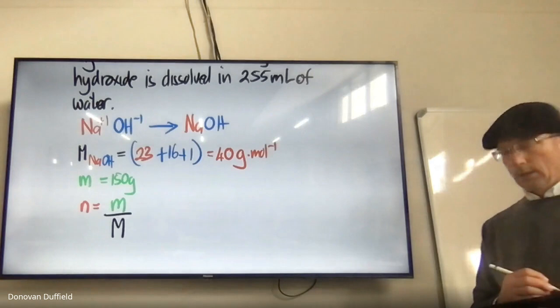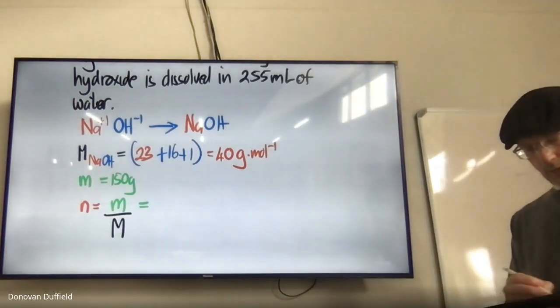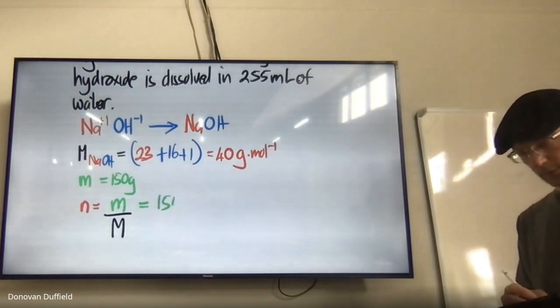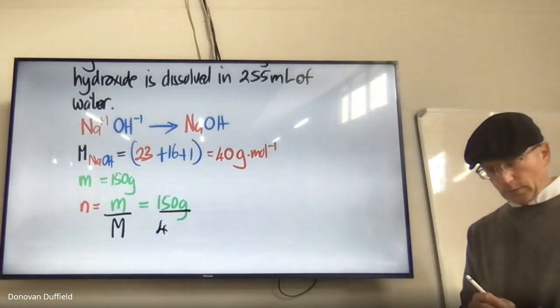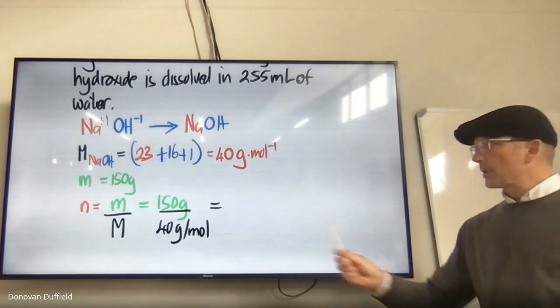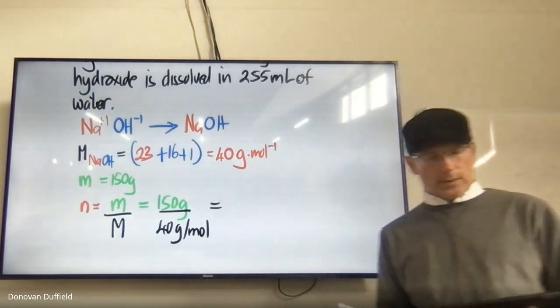Mass is 150 grams divided by the molar mass, which is 40 grams per mole. I'm purposely using different forms of the units so that you get familiar with them.